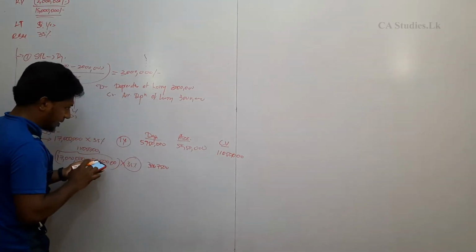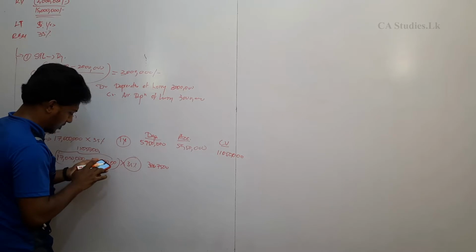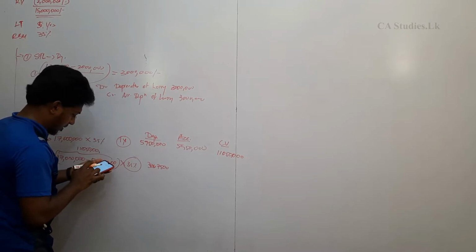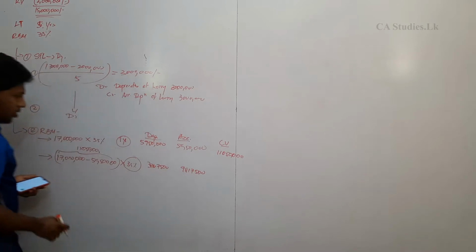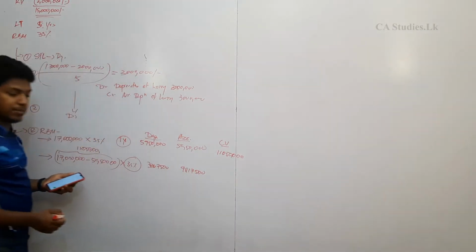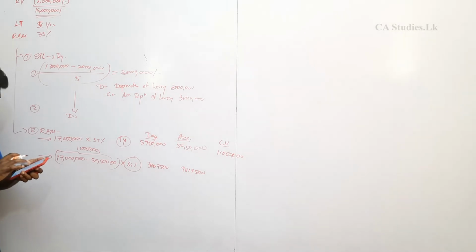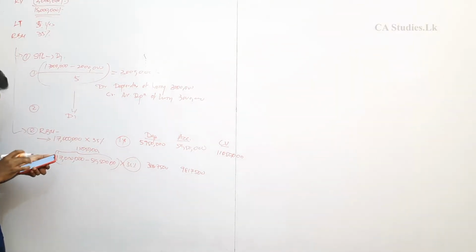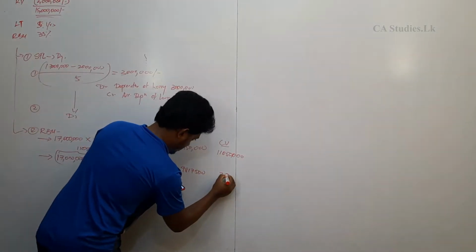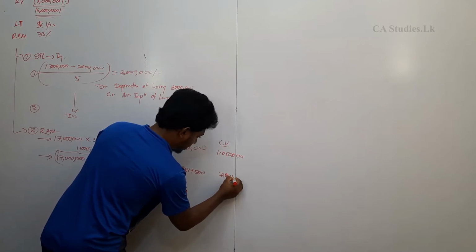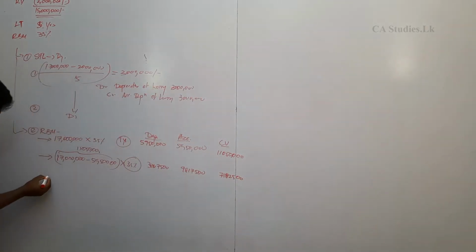Accumulated depreciation is 5,950,000 plus 3,867,500, which is 9,817,500. Now deduct the accumulated depreciation from the 17 million, giving 7,182,500.